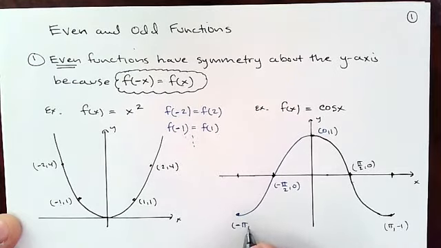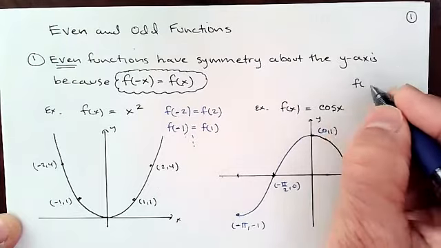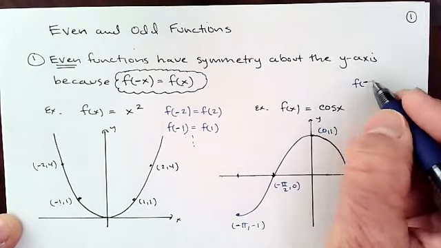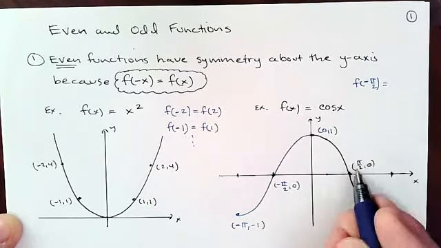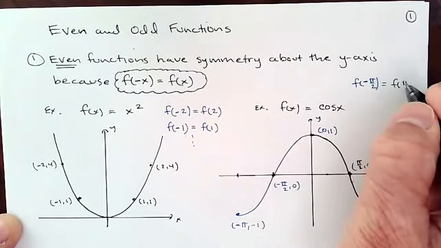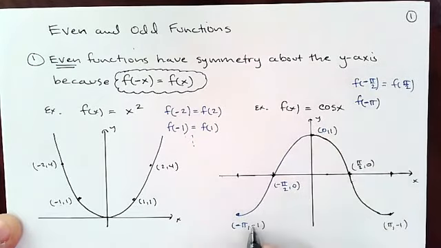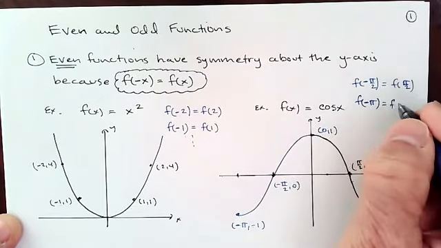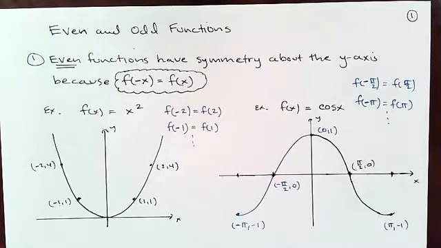This would be negative pi, negative 1. So notice it's still true that f of, for example, negative pi over 2, the value of 0 is exactly the same as f of pi over 2. F of negative pi has exactly the same y value as f of positive pi, etc. So that's what makes it an even function.